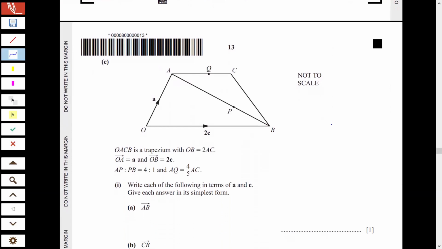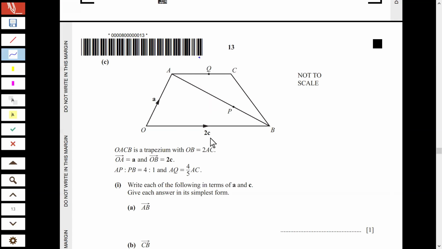Now, question C, we're given OACB is a trapezium with OB equal to 2AC. So if OB is equal to 2AC, then AC is going to be C, because OB is twice AC.